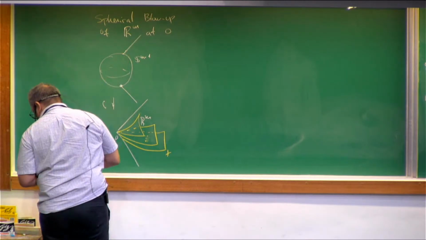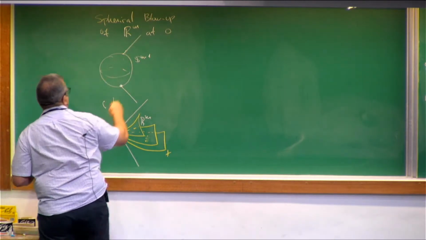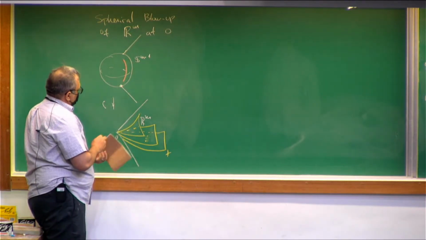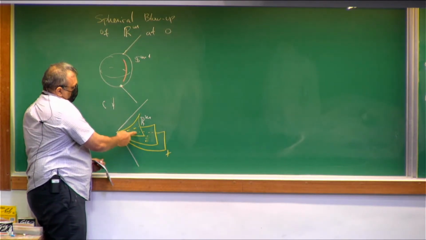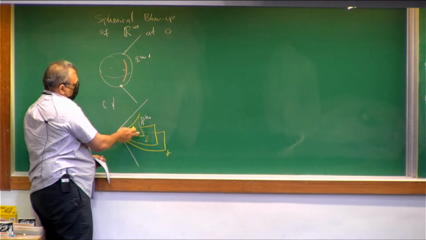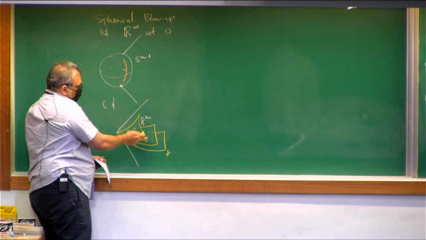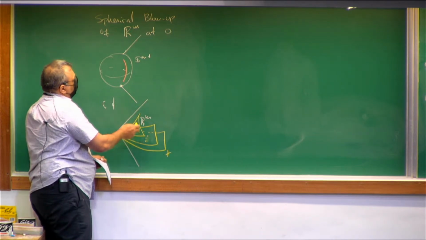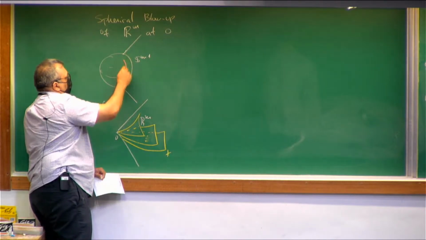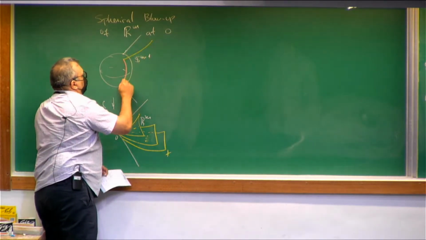Let me draw. And the transforms of these sheets are diffeomorphic to them, and they disappear along a line like that. Okay.